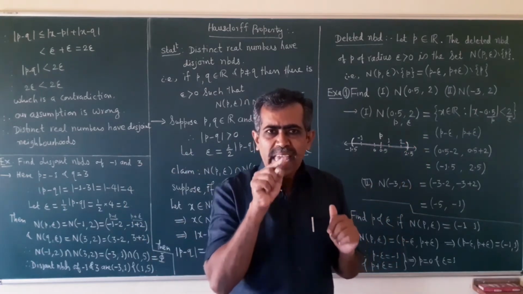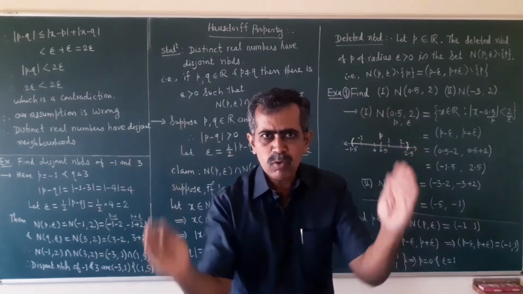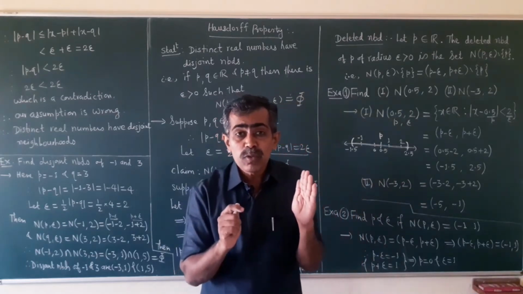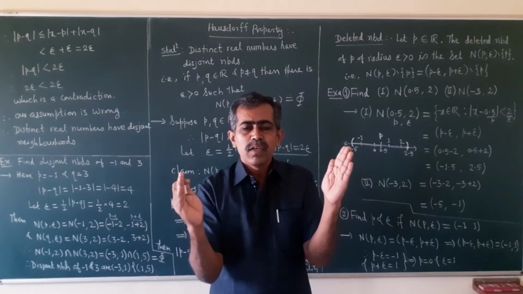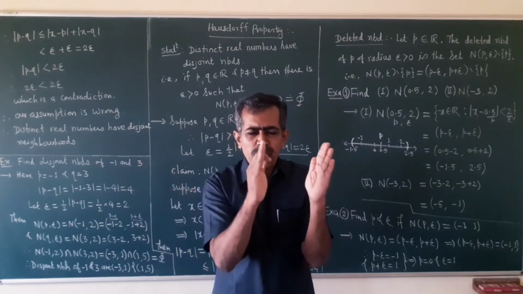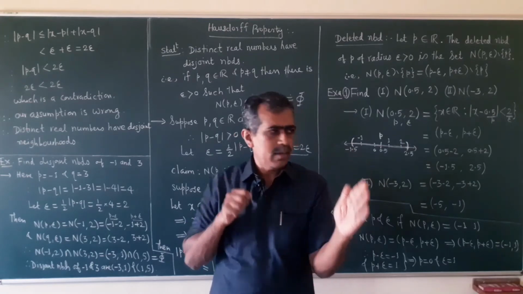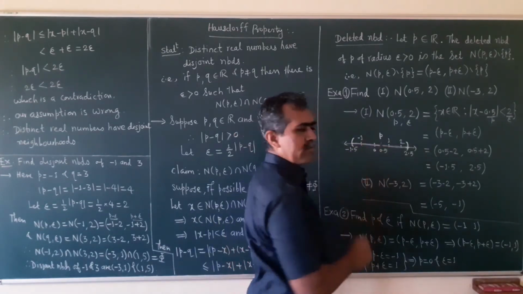Now if we remove only 0.5 from this neighborhood of 0.5, I am removing only one point, 0.5, from that. So I will remove only this one point.